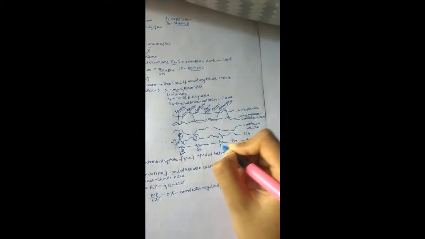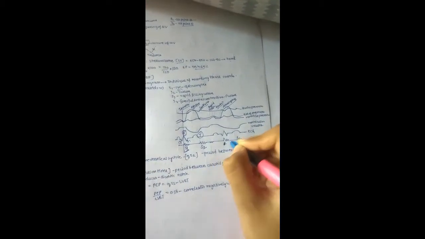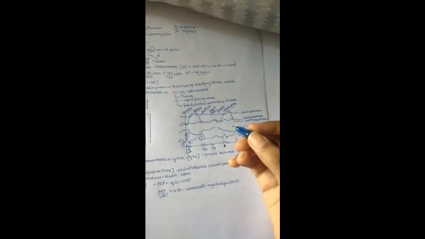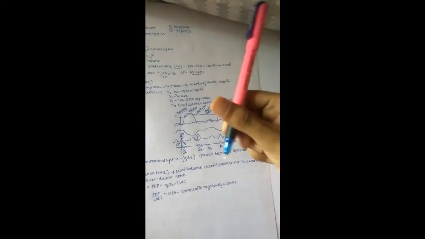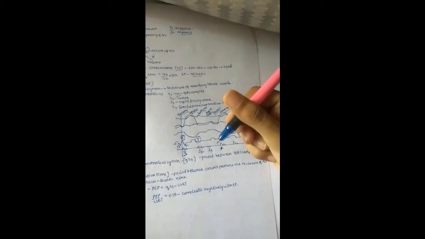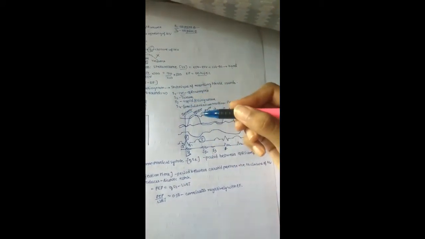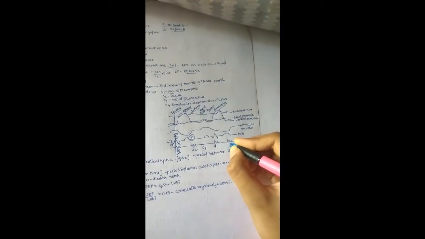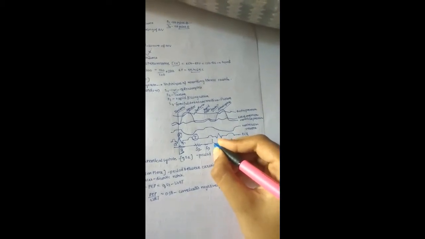S3 comes during the rapid filling wave, that is due to rapid filling of blood from atria to ventricle, that causes S3. And next, coming to S4. S4 is forceful atrial contraction, so it is associated with our P wave.